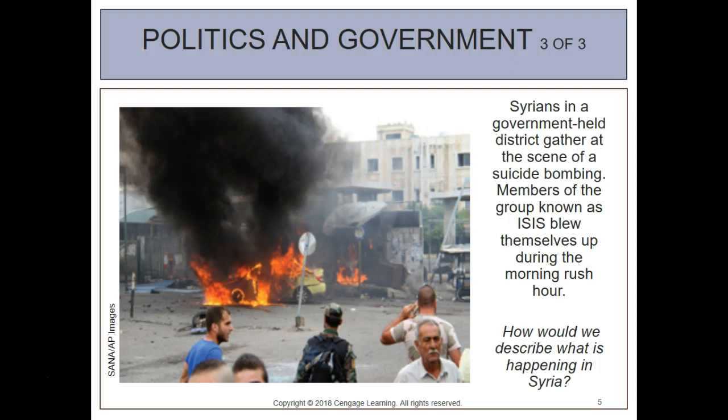There's a few different things, and a good thing about the book in the new edition of the textbook is it does bring us up with current events. The picture that you see in the book is a horrific scene that occurred when members of ISIS blew themselves up in the middle of rush hour traffic in Syria.